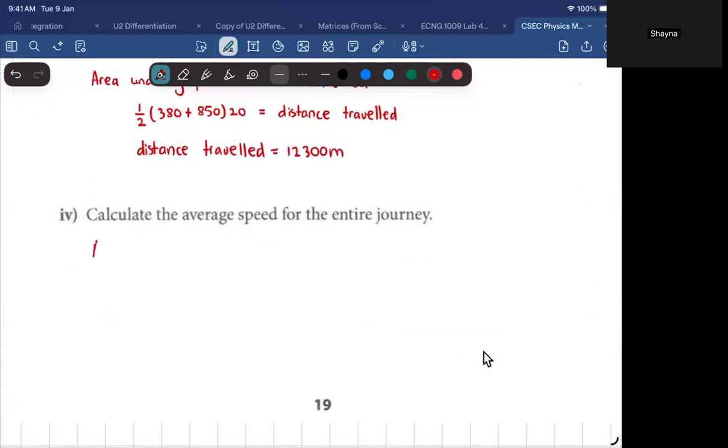Okay, calculate the average speed now. If I want to figure out the average speed, it's simply the total distance over the time, right? It's simply the total distance traveled over the total time taken.